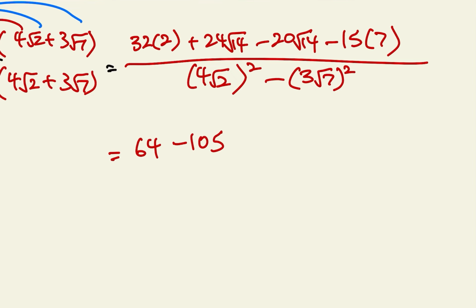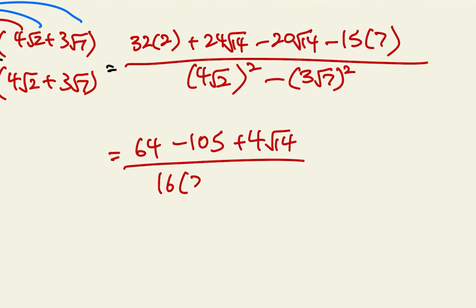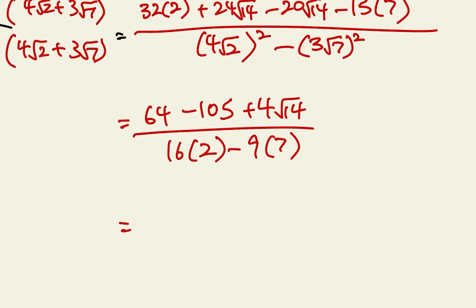Positive 24 minus 20 will give us a 4, so we'll write that as 4 square root 14, and that's over 4 square, which is 16, and square root 2 square is just 2, minus 9, 7. So 64 minus 105 will give us negative 41 plus 4 square root 14.